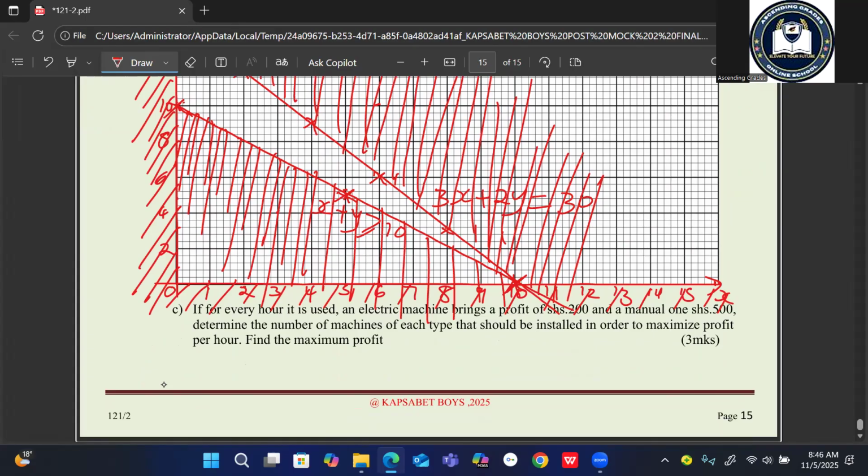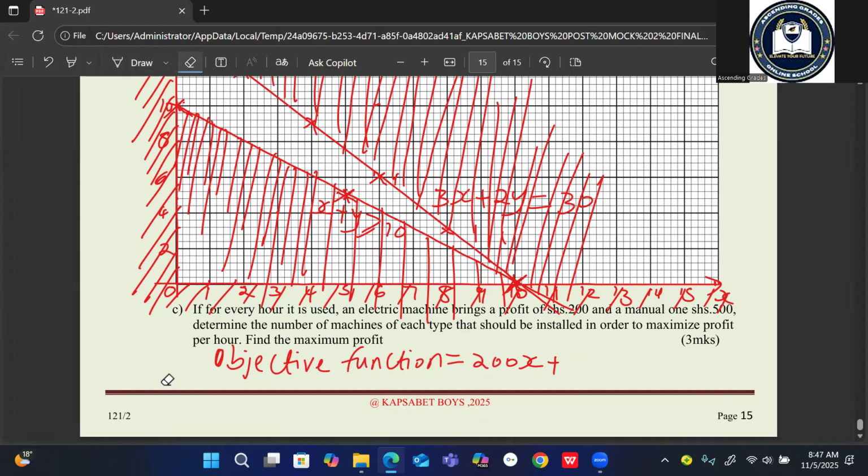So this one, our objective function should be equal to 200x plus 500y.